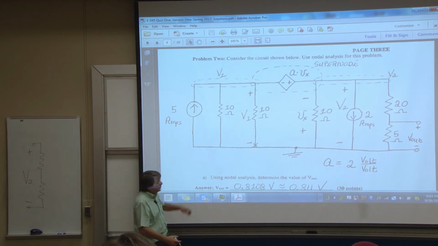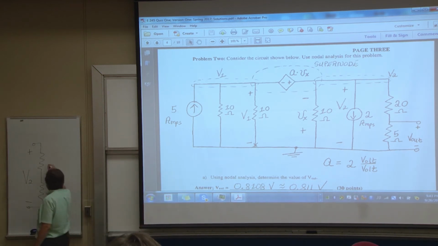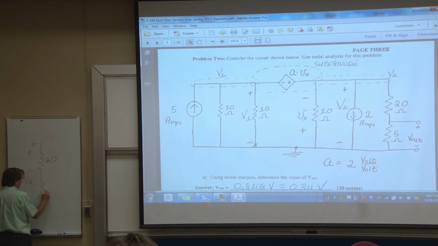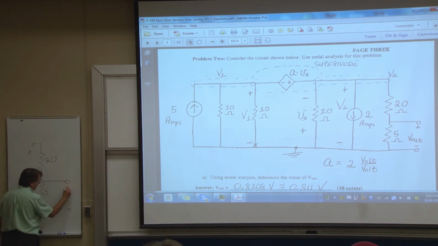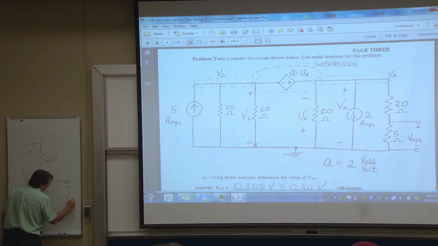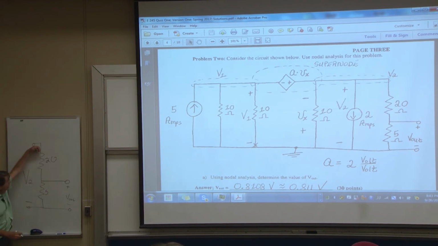V2 is across both of those resistors, the 20 and the 5. Now, I'm taking V out here. V out's an open circuit. There's no current here, open. So that means all the electrons that go through the 20 ohm go through the 5 ohm. They're in series. Voltage division.